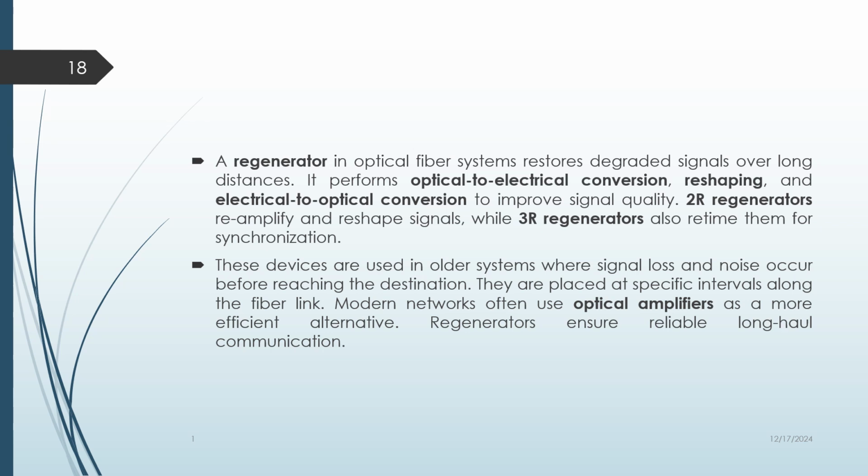These devices are used in older systems where signal loss and noise occur before reaching the destination. They are placed at specific intervals along the fiber link. Modern networks often use optical amplifiers as a more efficient alternative. Regenerators ensure reliable long-haul communication systems.